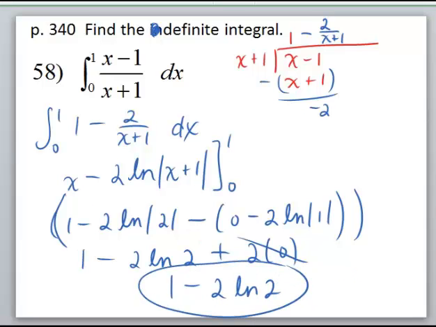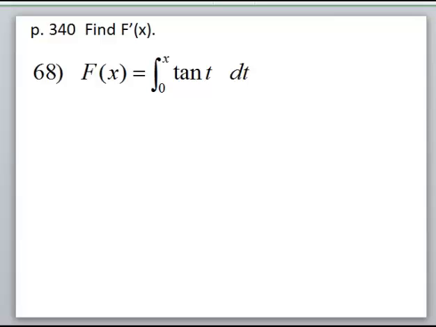My last two examples are much more easily done using the second fundamental theorem of calculus. You can actually do it without using the second fundamental theorem of calculus, but it is much easier to use it, which just basically says take the derivative of both sides in terms of x.